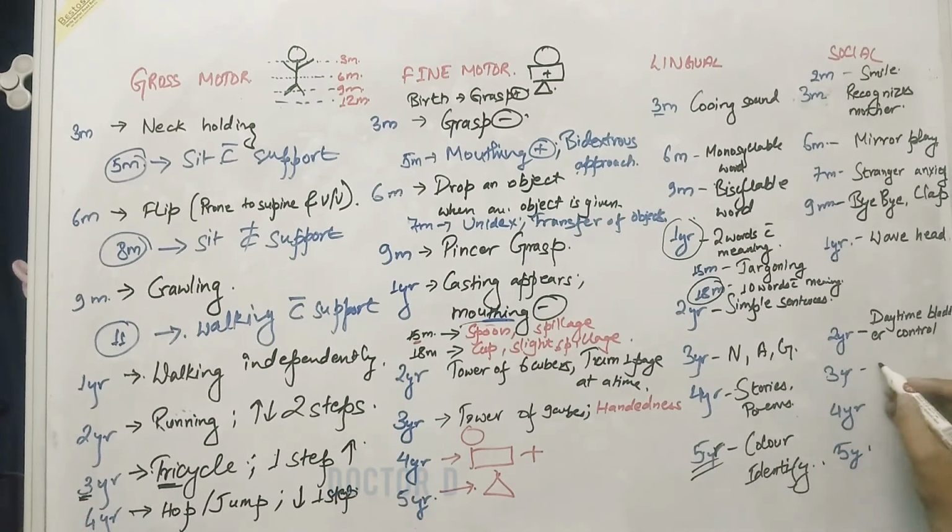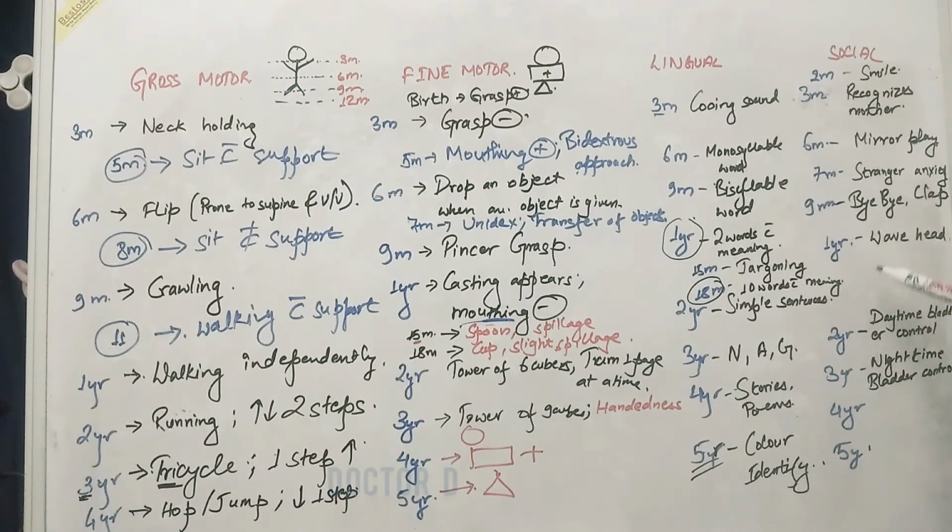At 3 years, he or she will be able to do nighttime bladder control. Similarly, I've seen in many books this is written as dry at night, and at 2 years, daytime bladder control is written as dry at day.